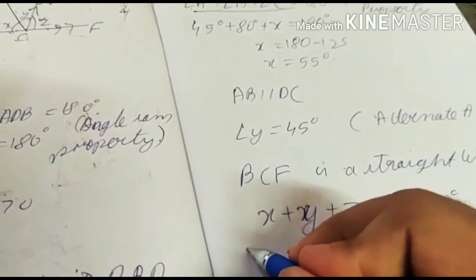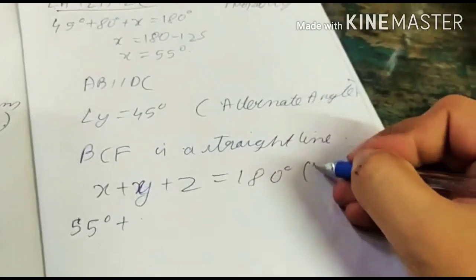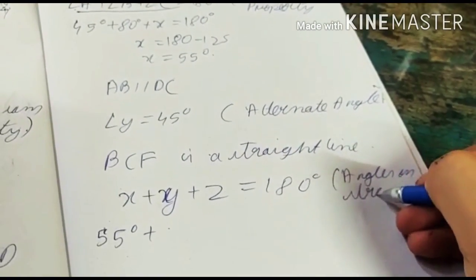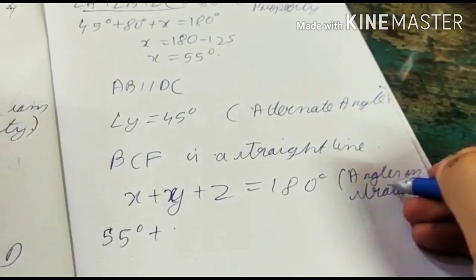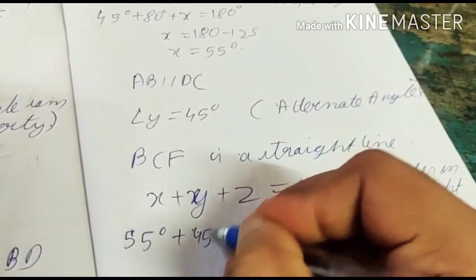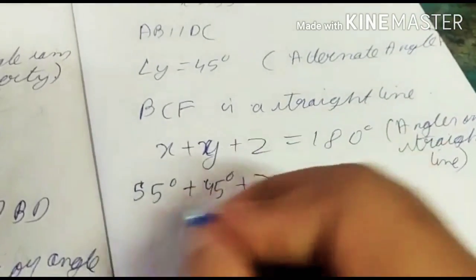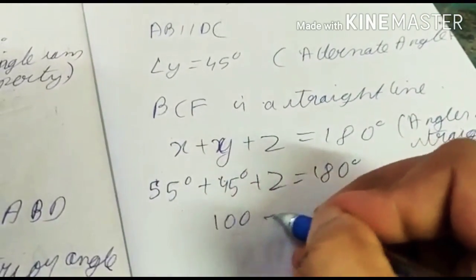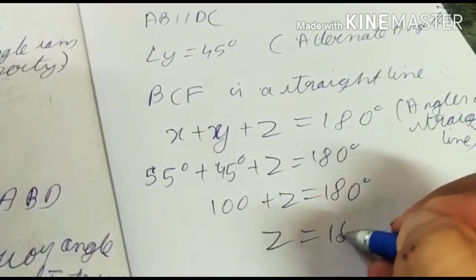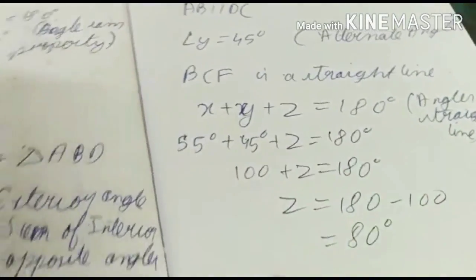Angle X here is 55 degree, Y here is 45 degree, and the sum of angles on a straight line is always 180 degree, so I had used this property. X plus Y plus Z equals 180 degree. This comes out to be 100 plus Z equals 180 degree. Z equals 180 minus 100, which gives 80 degree.